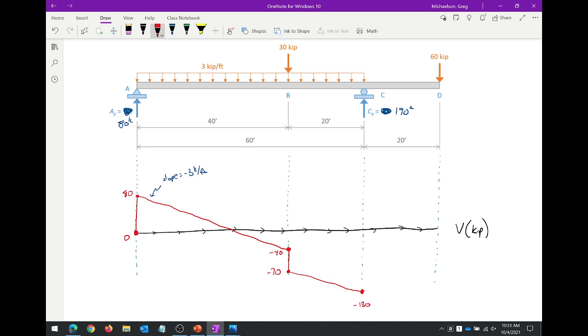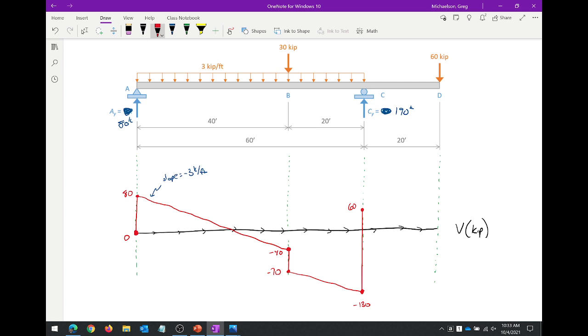Okay? Now what do I do? I'm at -130. This tells me jump up 190. So if I'm at -130 and I jump up 190, what's that put me at? 60. So that's probably something about like that. Now what does the shear diagram look like from C to D?